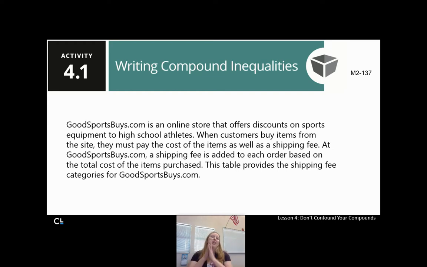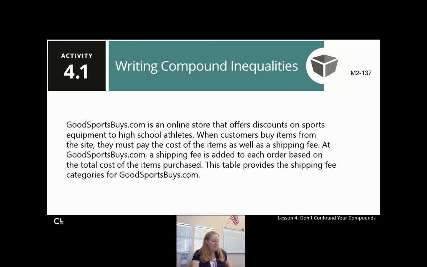And here's the deal. GoodSportsBuy.com is an online store that offers discounts on sports equipment to high school athletes. Very nice of them. When customers buy items from the site, they must pay the cost of the items as well as a shipping fee, right? You have to pay to get it to where it's going. FedEx is not free, UPS is not free.